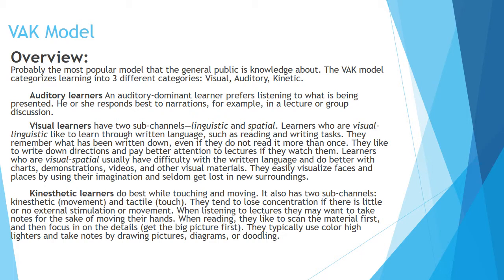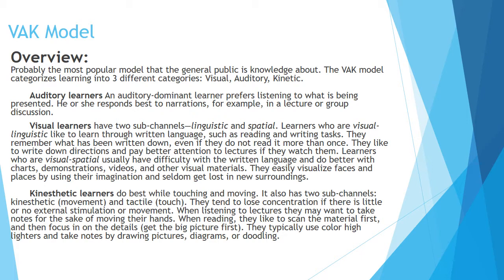And it's basically one of the most popular models out there. So what does it mean? It means how do people want to absorb their information? This model predicts that people have a preference and although lots of people can learn from three different modes, an individual might have a preference for a certain style depending on what type of learner they are.